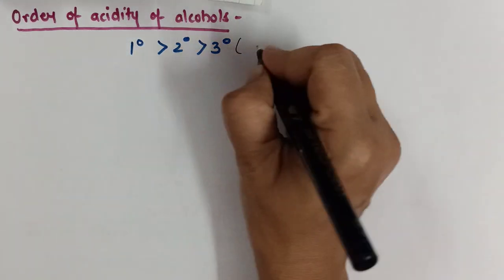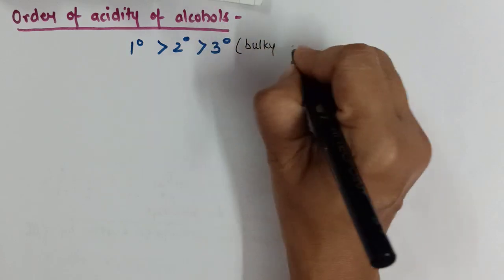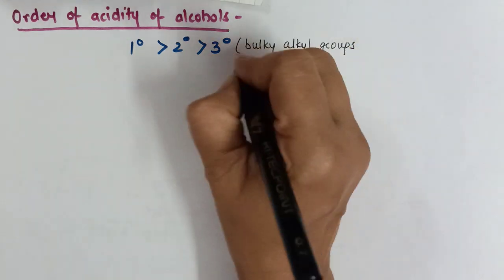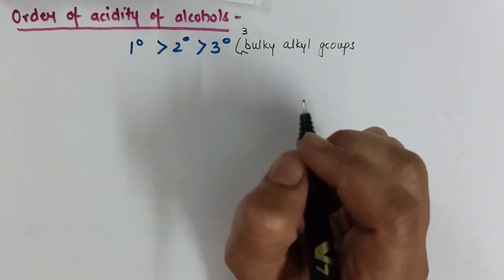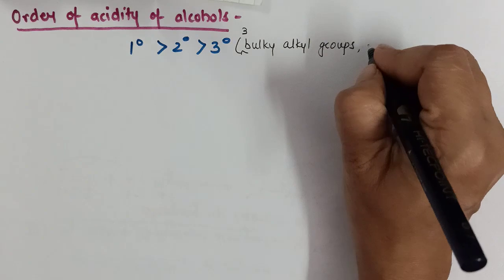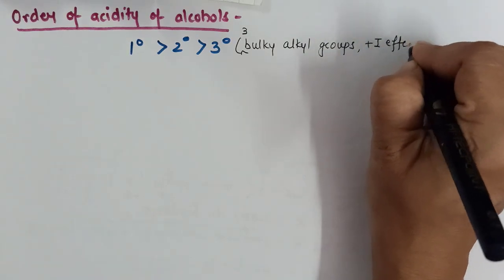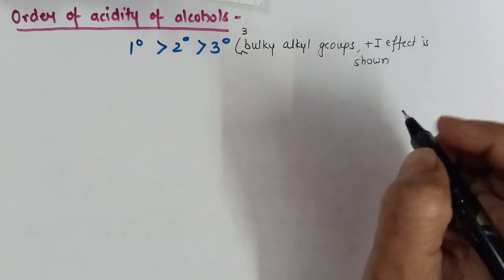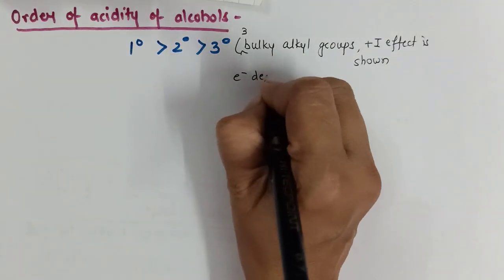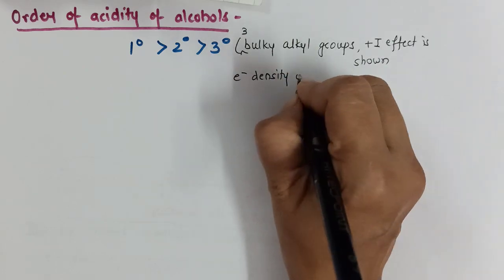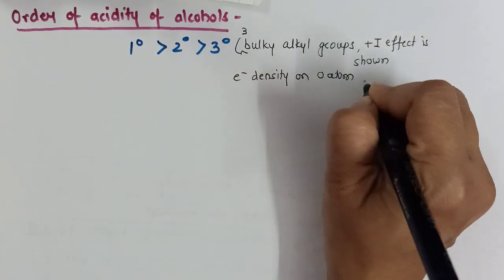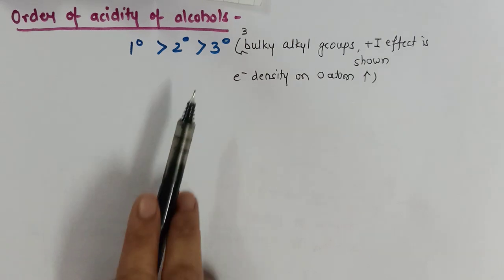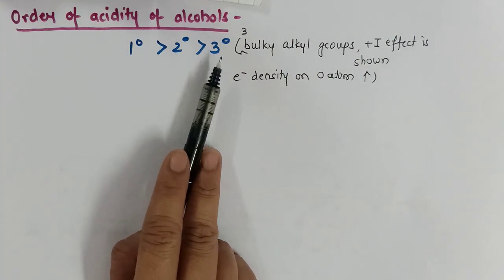Reason: in 3 degree alcohol we have three bulky alkyl groups. So they exhibit plus I effect. As a result, electron density on the oxygen atom increases. Therefore, the proton release becomes difficult and so 3 degree alcohols are least acidic.